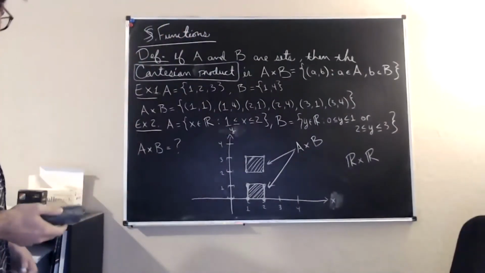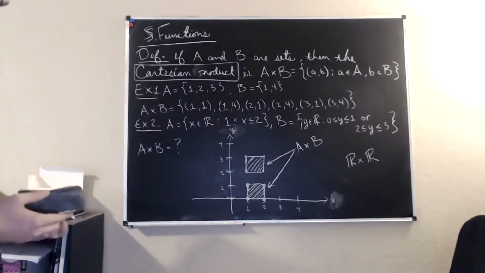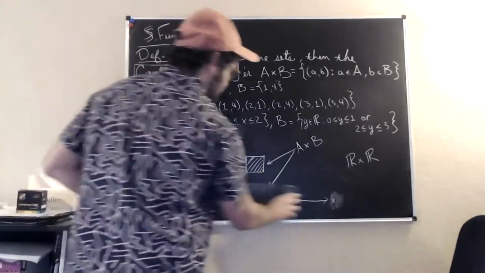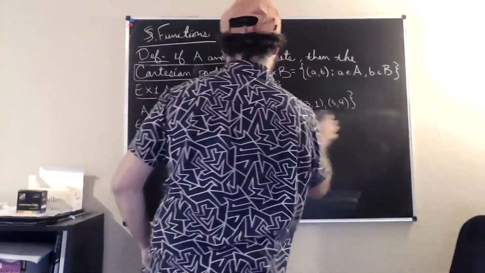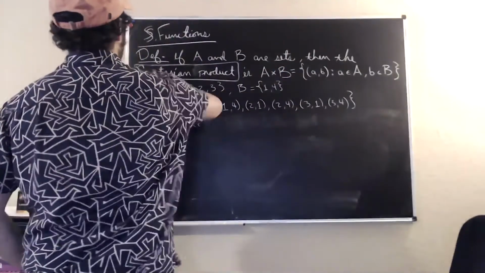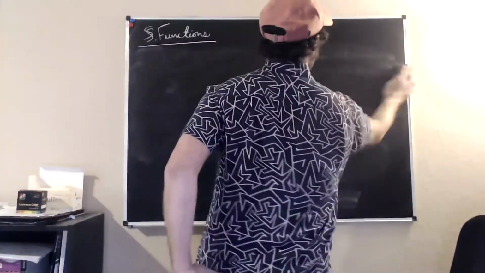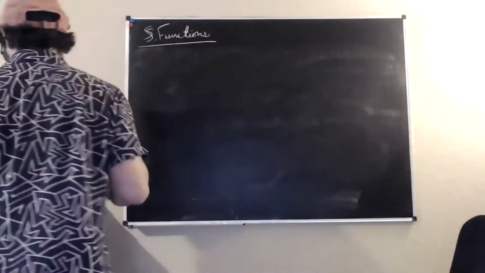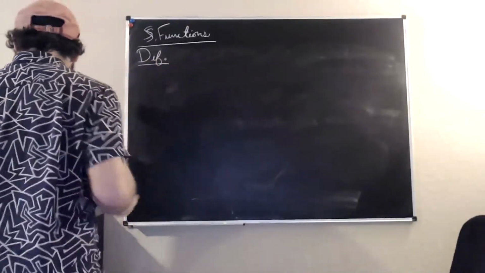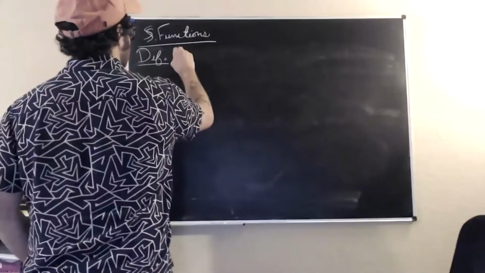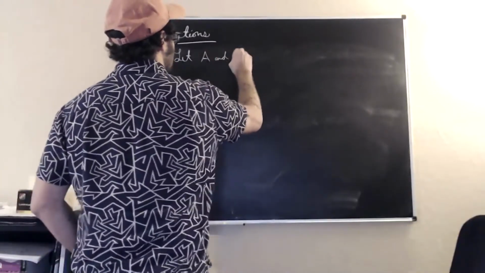Okay, so now that we have our definition of Cartesian product, we're going to define a function in terms of Cartesian products. So, all right, so definition. Okay, so let A and B be sets.